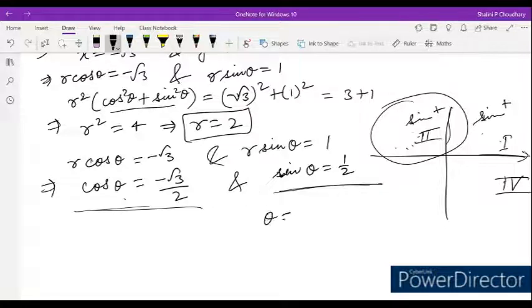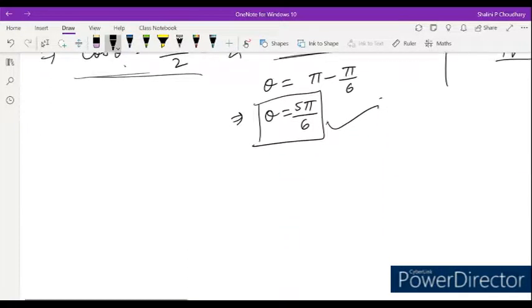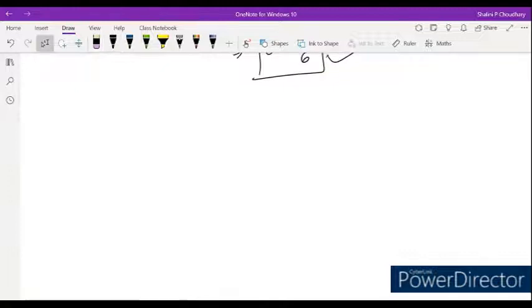So theta will be equal to pi minus pi/6. So theta will be equal to 5 pi/6. ठीक है, so r का value is 2 and argument is 5 pi/6.